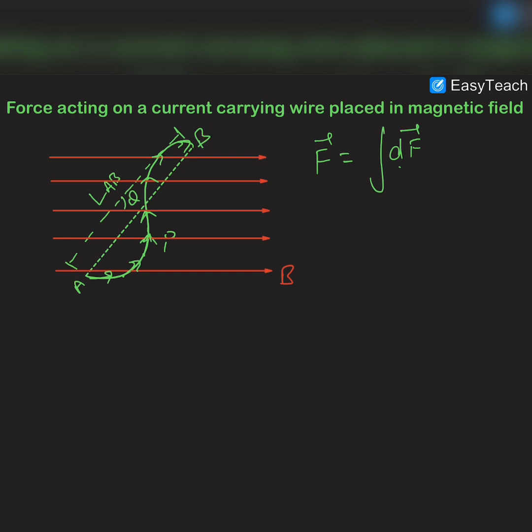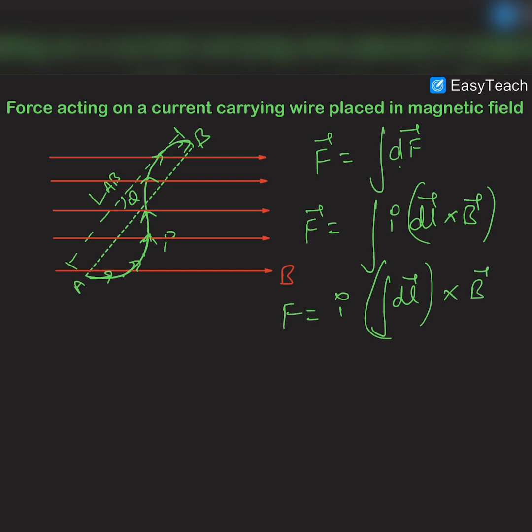So directly we can say that F, the integration of dF, is I dl cross B, and F can be written as I integration dl cross with B. So in this case this is the vector sum of all the small elements, and therefore it would be the direct shortest length between the two ends of the wire.